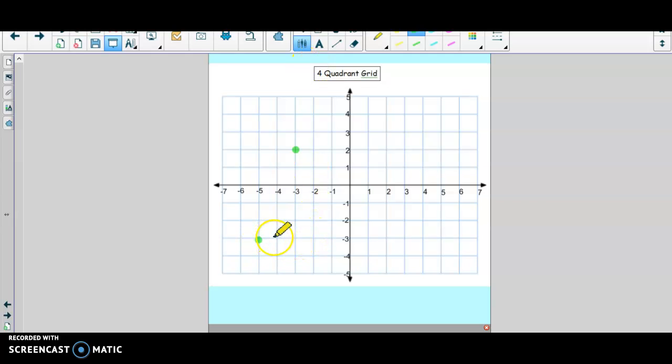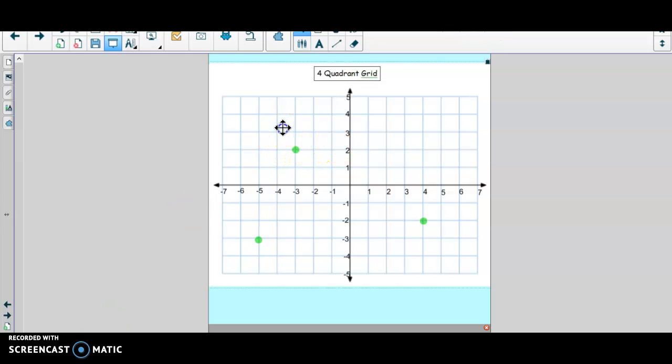This point becomes -5 because we're counting backwards on our number line, and because we're counting down on this vertical number line, the coordinates are -5, -3. In this grid, we're still going positive on our x-axis, so the coordinate is 4 along, but we're going down on our y-axis, so the coordinate is 4, -2.